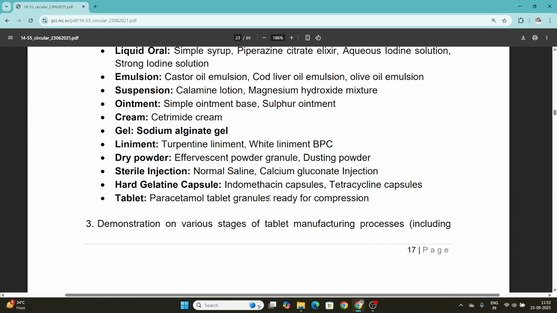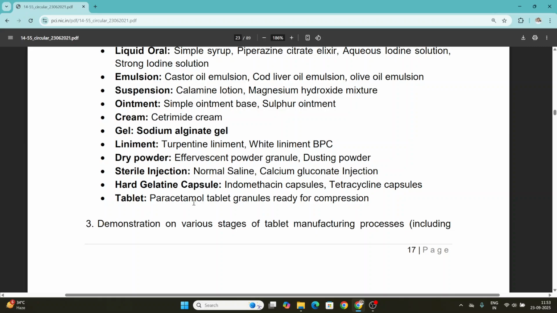So see, you will be making these medicines. These are medicines that are going to be used in real life situations, in hospitals, industries, institutions, dispensaries, clinics. These medicines that you make will be used.